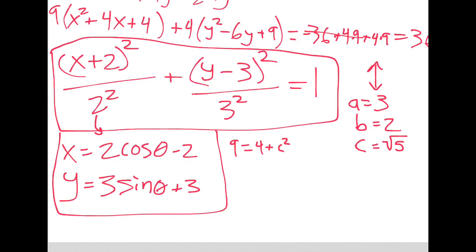So I've got a, b, and c. What can I now identify? Well, let's identify the vertex real quick. Lied. Let's identify the center real quick. Center's going to have an x value of negative 2, a y value of positive 3. Let's identify from that the foci. Well, the foci are going to occur, since it's vertical, the x value is going to be the same, negative 2. The y value of the center is going to change by adding or subtracting c, which is the square root of 5.